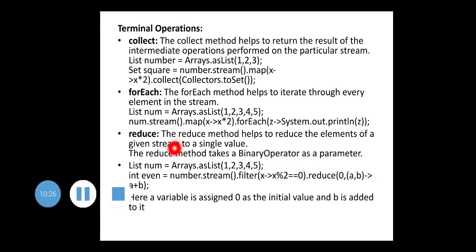The next method is reduce. The reduce method helps to reduce the elements of a given stream to a single value. It takes a binary operator as a parameter. So let us see an example. Again, we are creating the object num, in which we are going to store the elements 1, 2, 3, 4, 5.